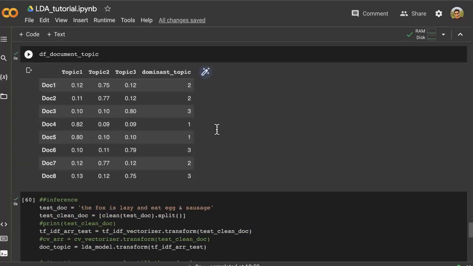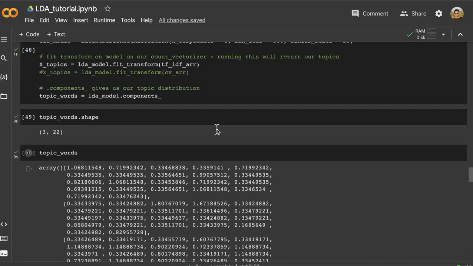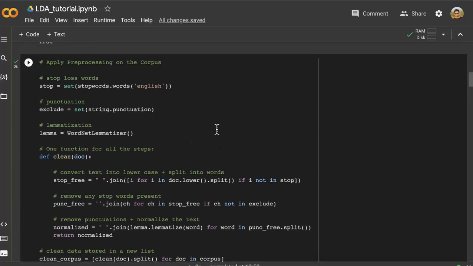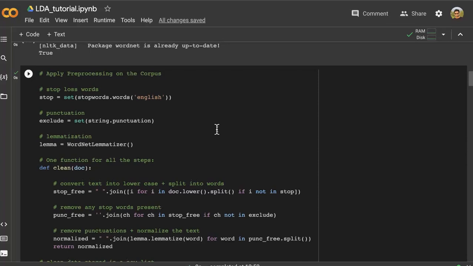I hope you will play with this code. There are other codes already available, and there are blogs related to the Gibbs algorithm, Gibbs sampling, and LDA. I recommend you read all these things because it's not always possible to understand everything from a lecture, so you need to read to build your basics.